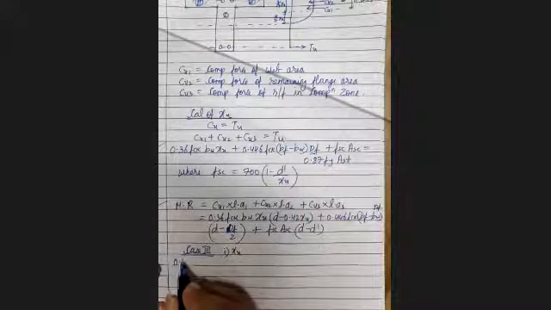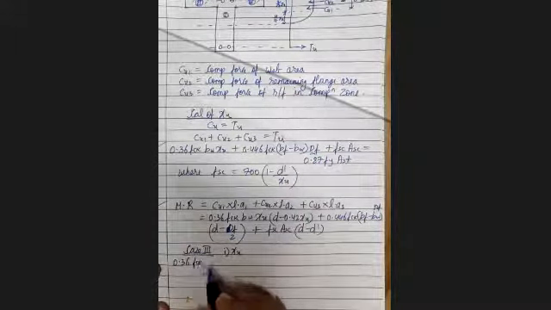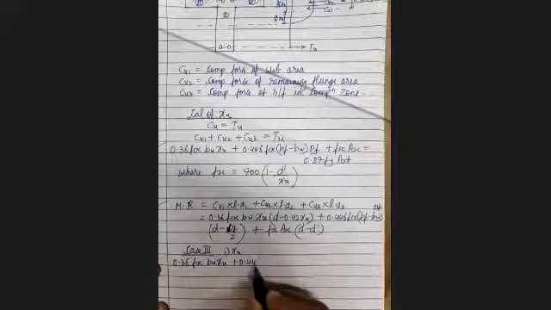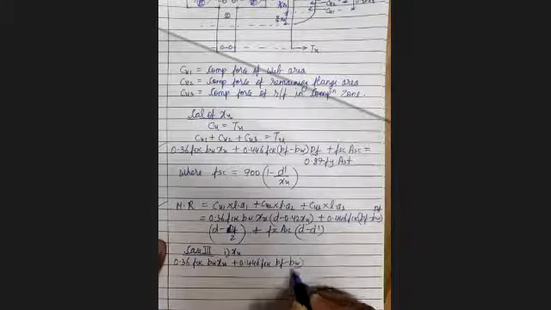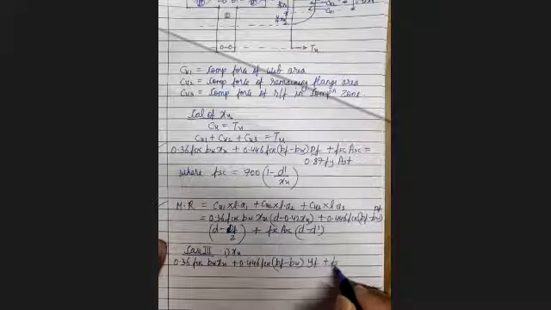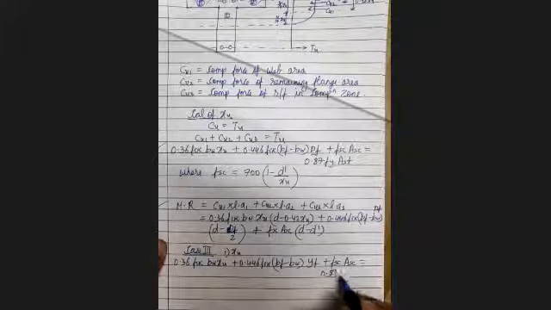So I will write for those who did not understand. So 0.36 fck bw into Xu, plus, now this will be yf, plus fsc into Asc. This is equal to 0.87 fy into Ast.